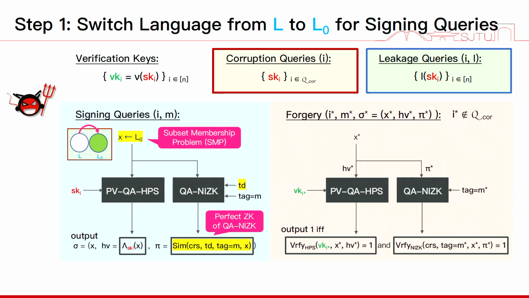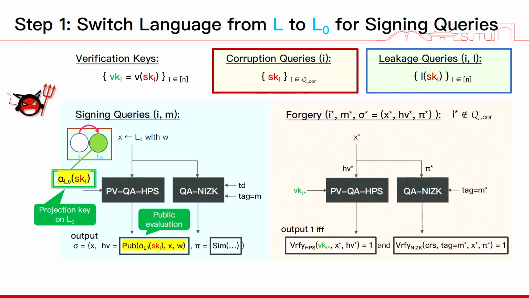Then we change the sampling of X from language L to the language L0, which is computationally indistinguishable by the subset membership problem. In this way, we switch the language from L to L0 for signing queries. And now, in fact, we can compute the hash value using the public evaluation algorithm and by using the projection key alpha L0 SKI, which is projected on the language L0.